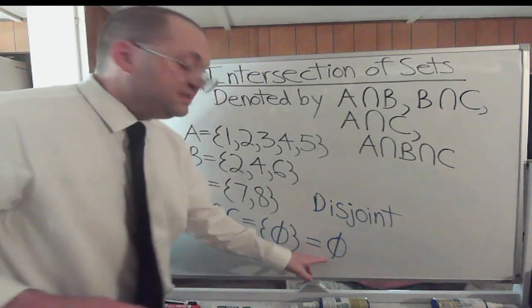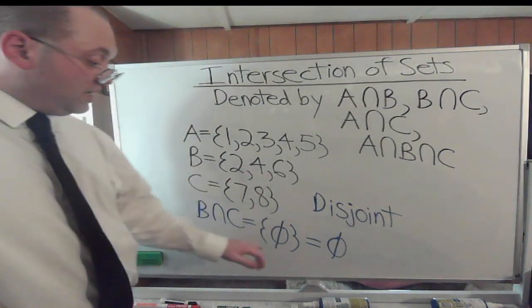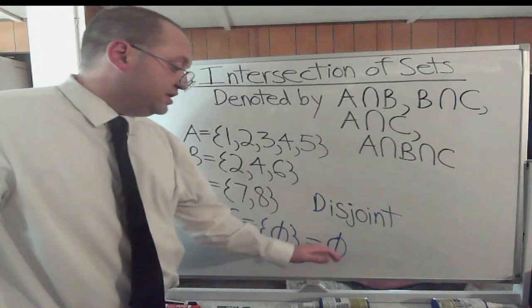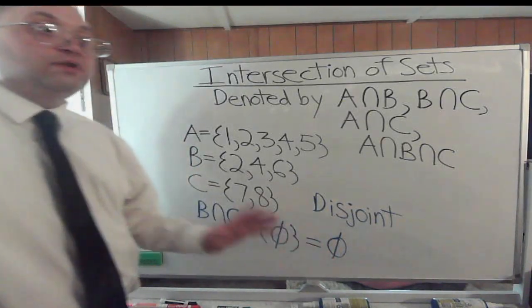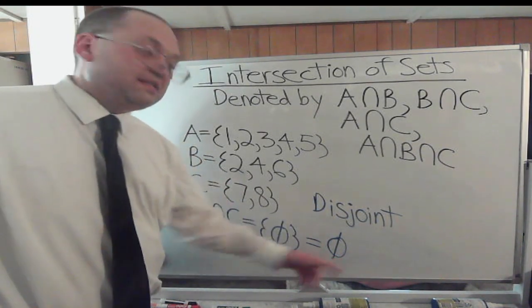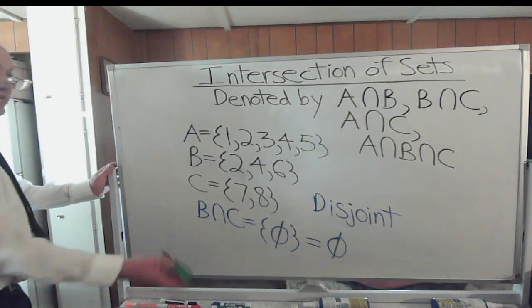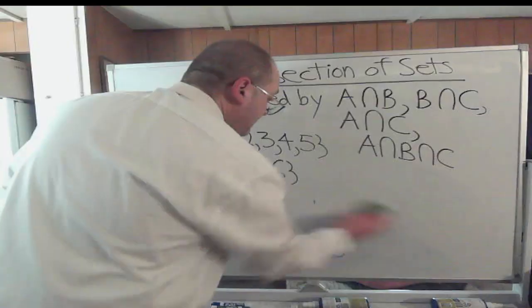That denotes an empty set, a disjoint set. You can draw it with the set notation around it, or without it. Either way, that means a disjoint set or an empty set. So they have no elements in common. That's how we got a disjoint set.